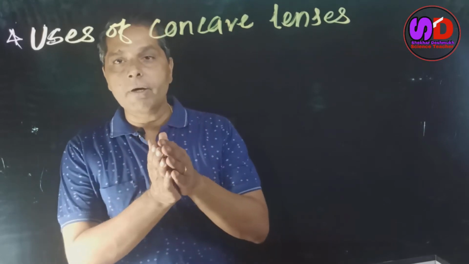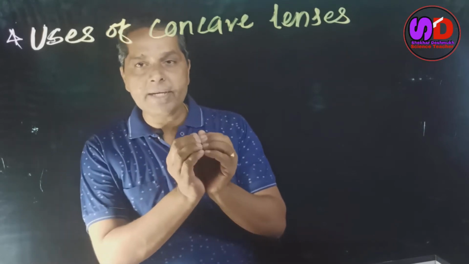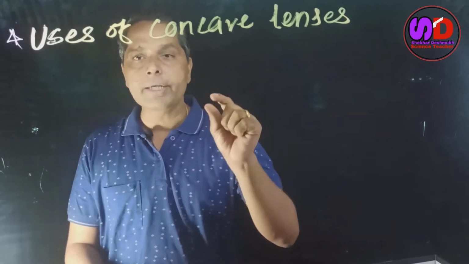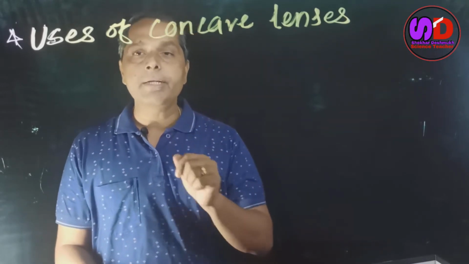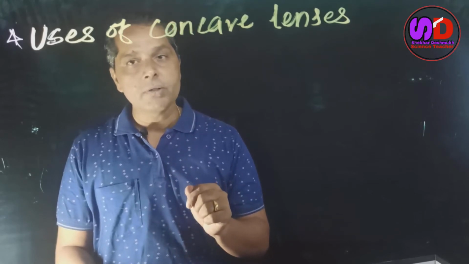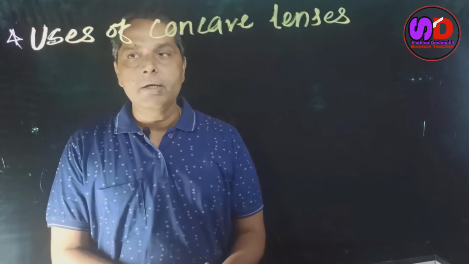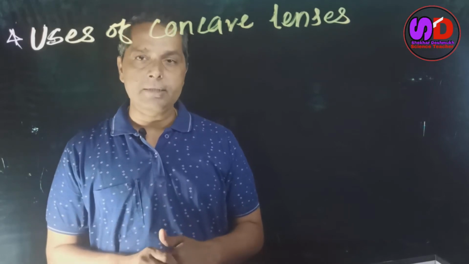So whenever we use a convex lens as an eyepiece, along with that we use concave lenses to get better quality of image. So these are the uses of concave lenses.